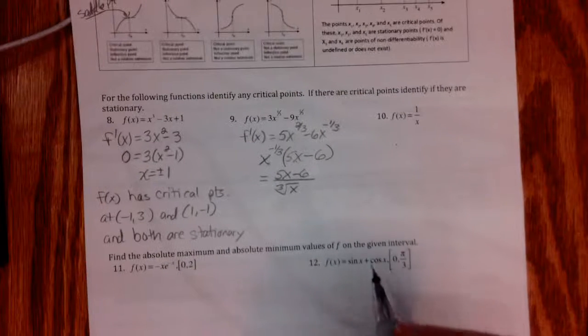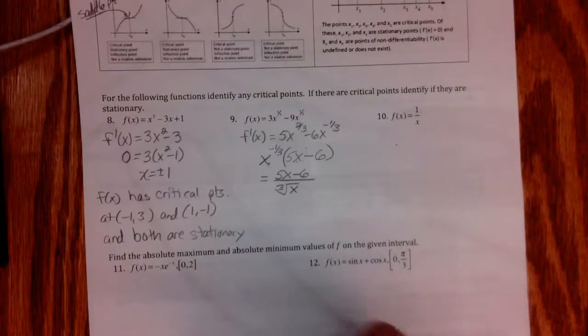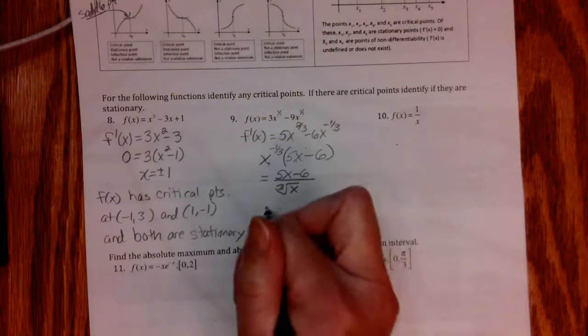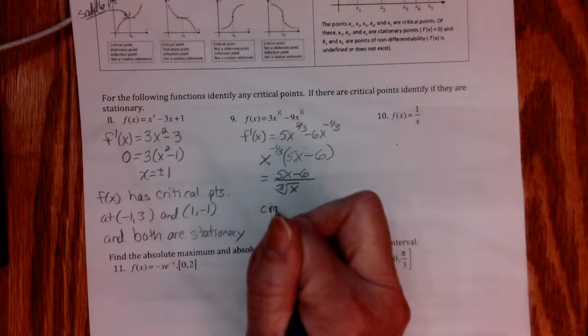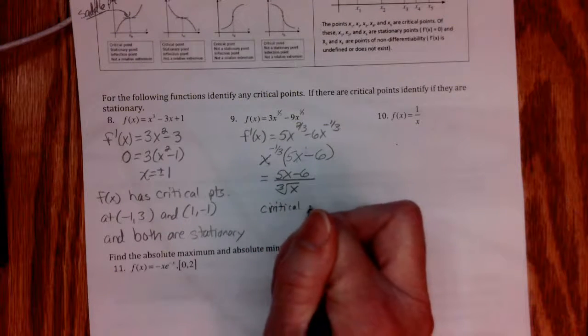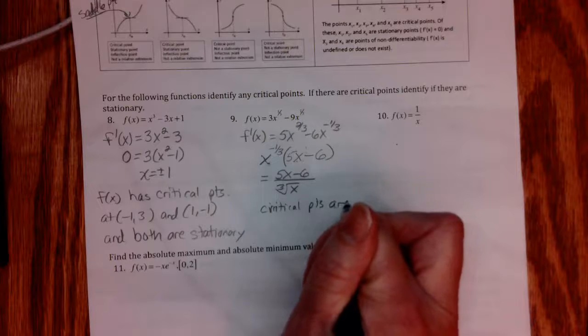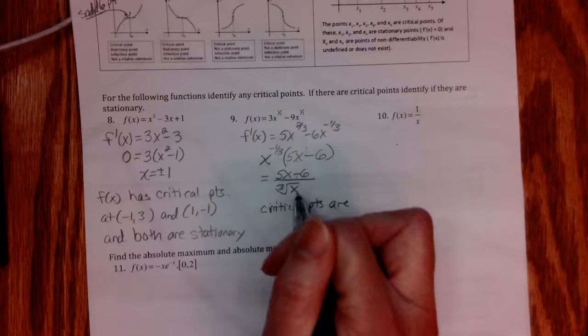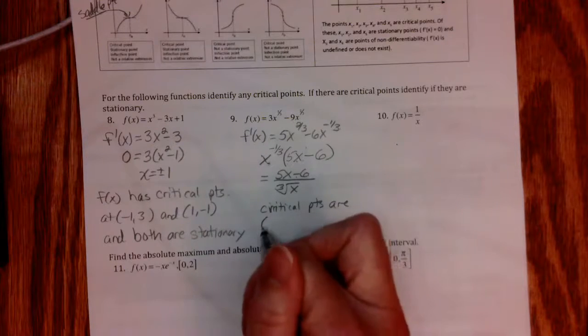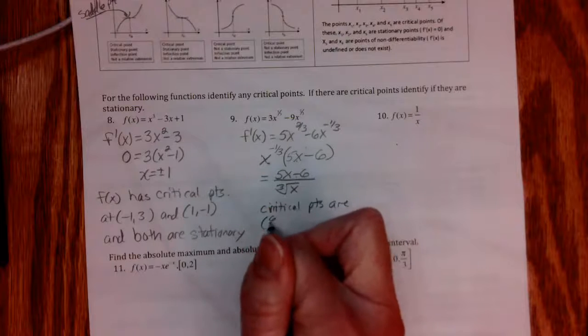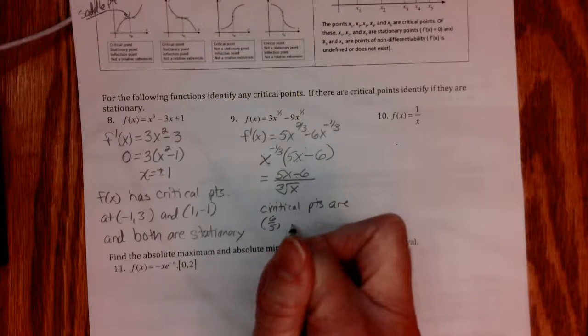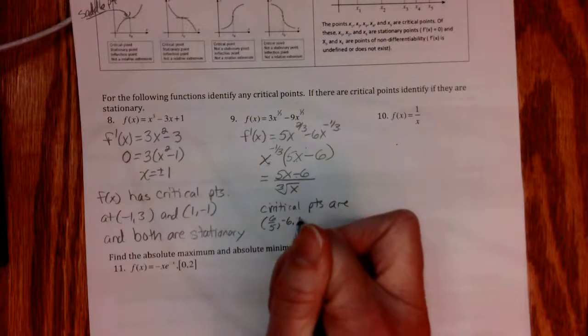Well, critical values are where you identify things having zeros. So we have critical values in two spots, and they are where the numerator goes to 0 and the denominator. So the numerator going to 0 is 6/5, and again, to find its height, you plug back into the original function.